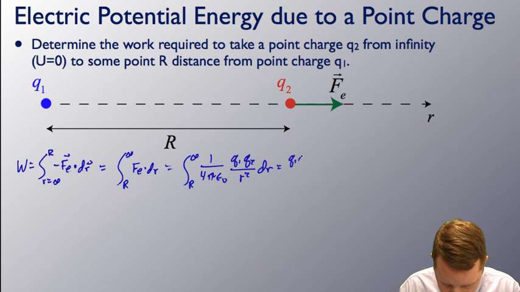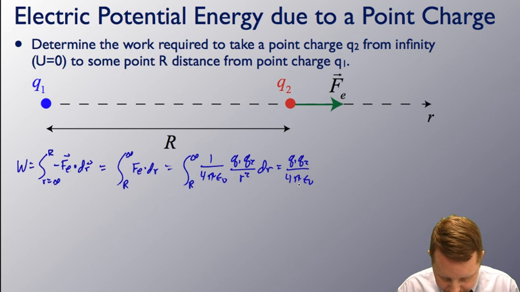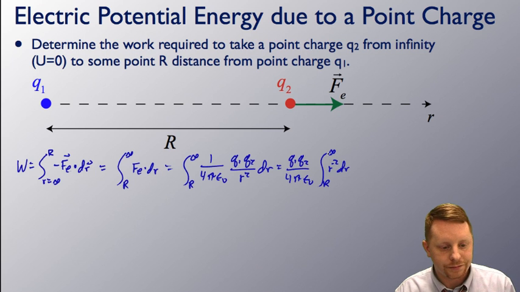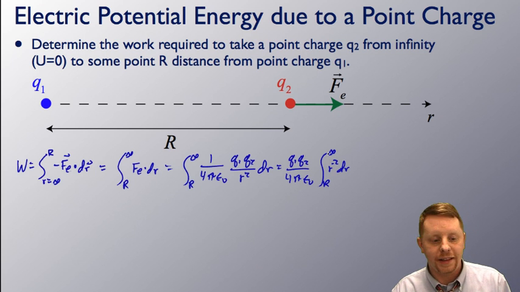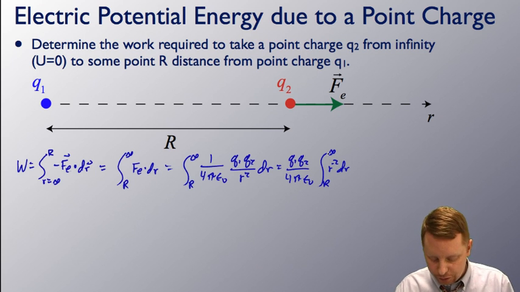So that's Q1 Q2 over 4 pi epsilon 0 times the integral of r to the negative 2 dr from r to infinity. Well, when I integrate r to the negative 2 dr, I'm just going to get minus 1 over r.